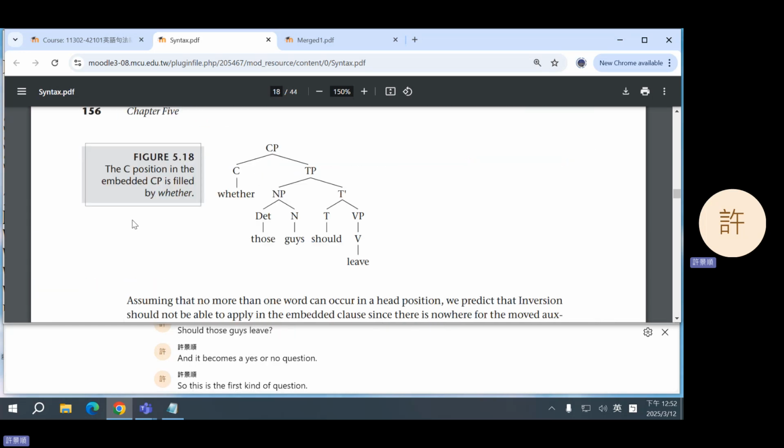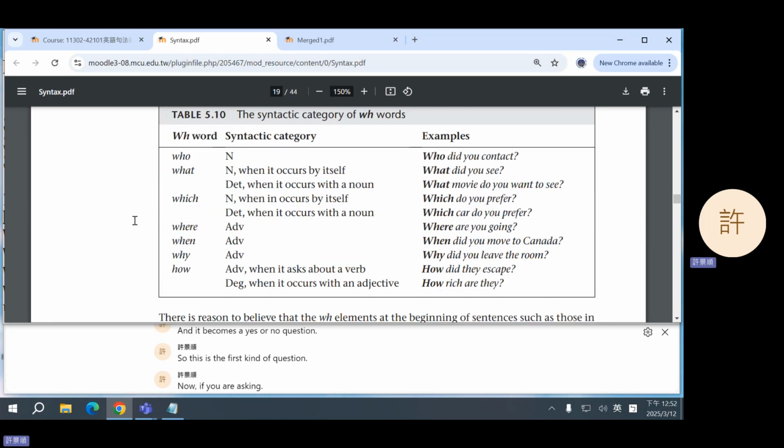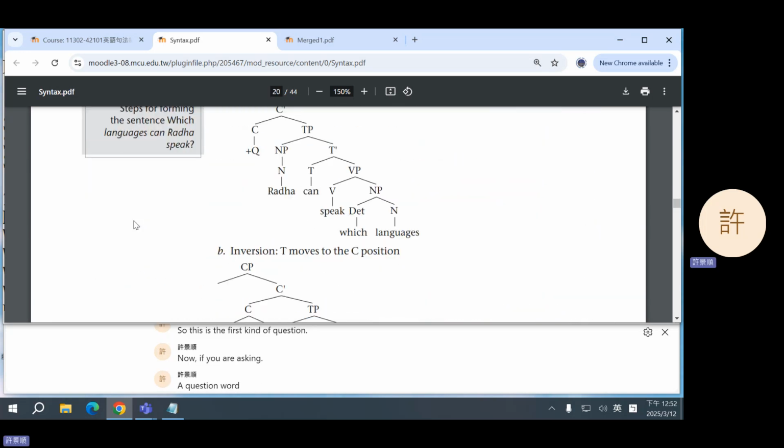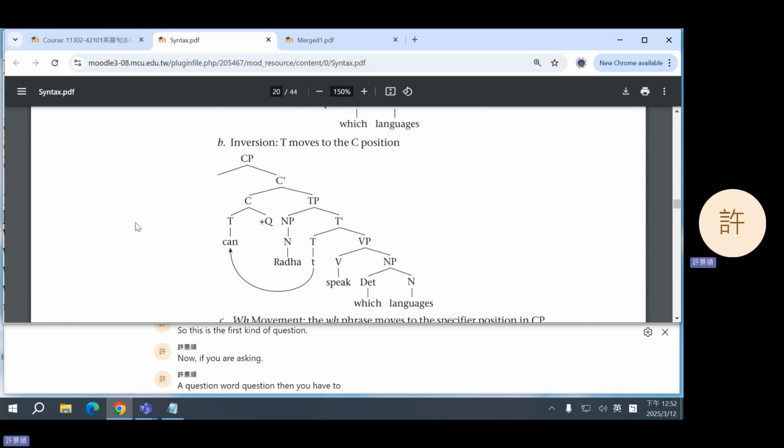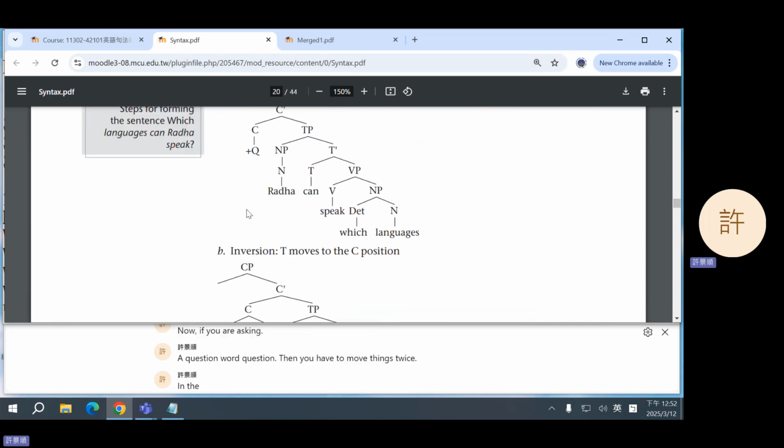Now, if you are asking a question word question, then you have to move things twice. In the original sentence, Radha can speak which languages? You're asking this part, right? Which languages? So the first thing to do is, again, move the first word of the verb cluster to the front.